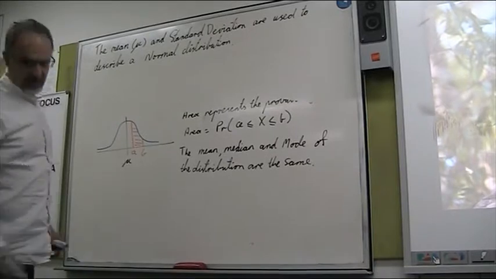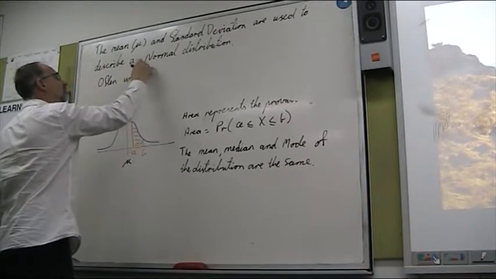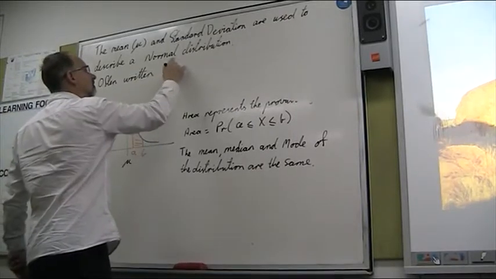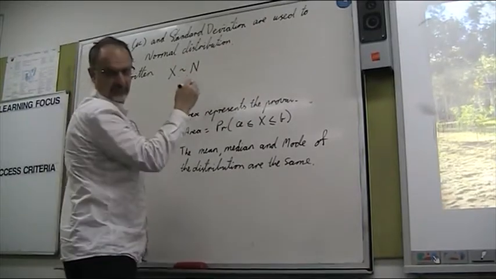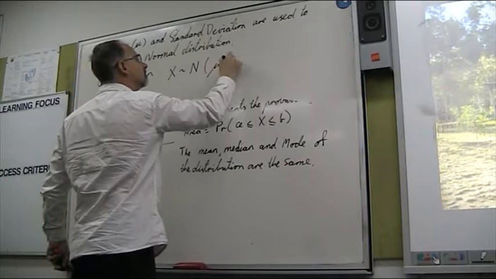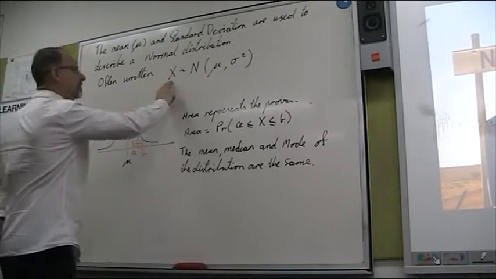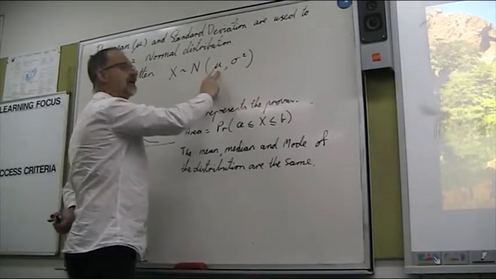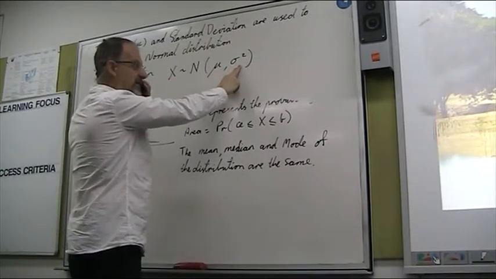And so often you'll see it written like this. So you see X with a little approximation symbol, N for normal, so the distribution is approximately a normal distribution, that'll be a number and so is that. And so this number here is the mean, this one here is your variance, or your standard deviation squared.